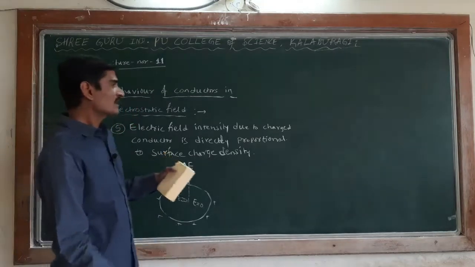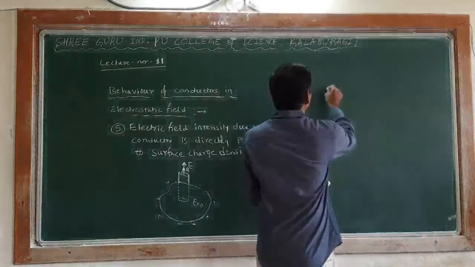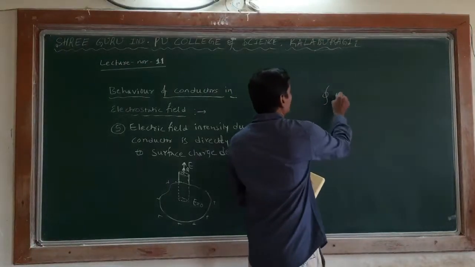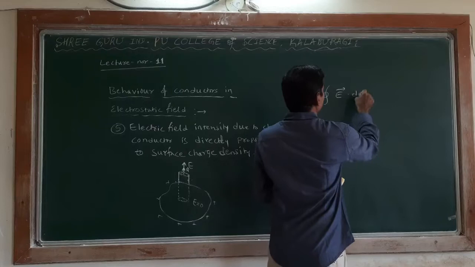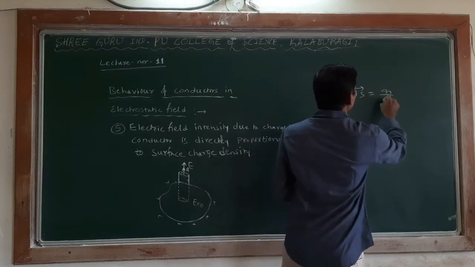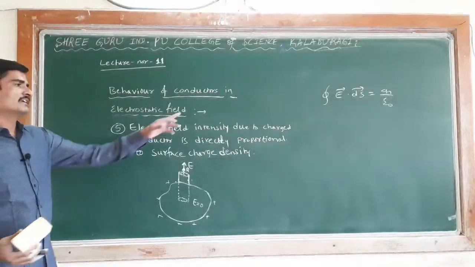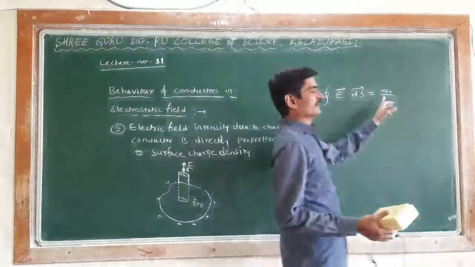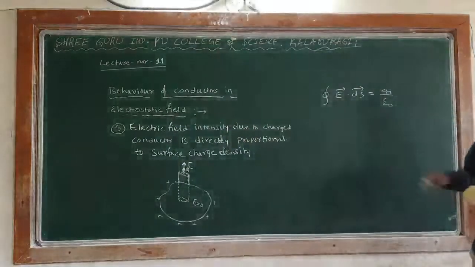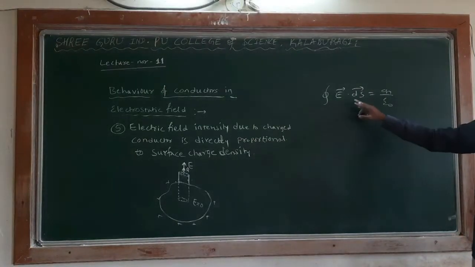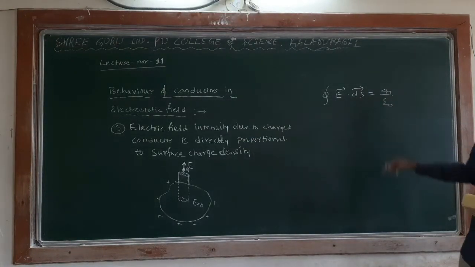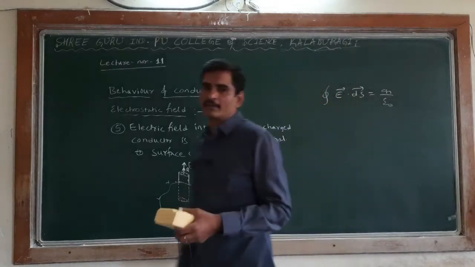According to the Gauss theorem, the integration of vector E dot ds, that is the electric flux through a Gaussian surface, is equal to q divided by epsilon naught.